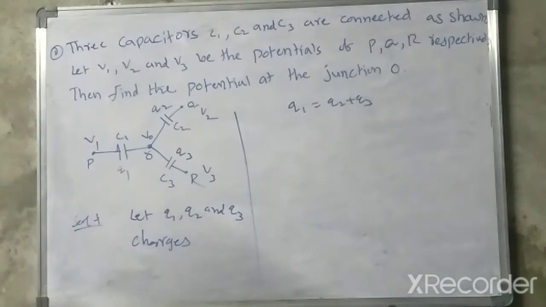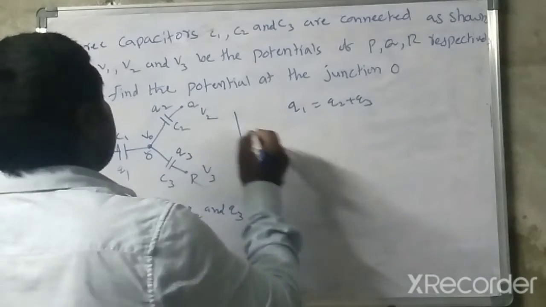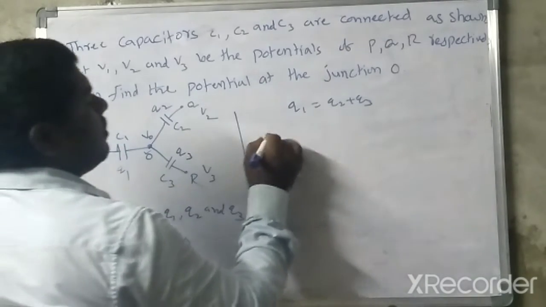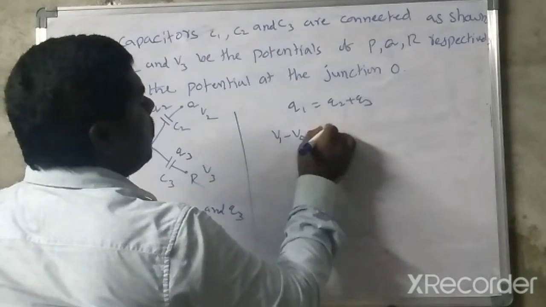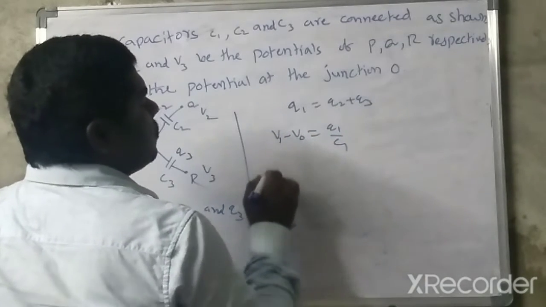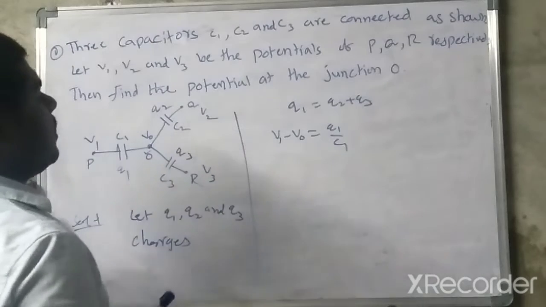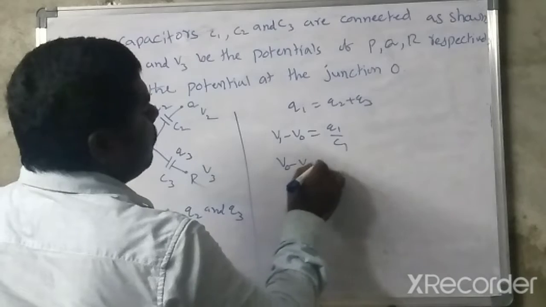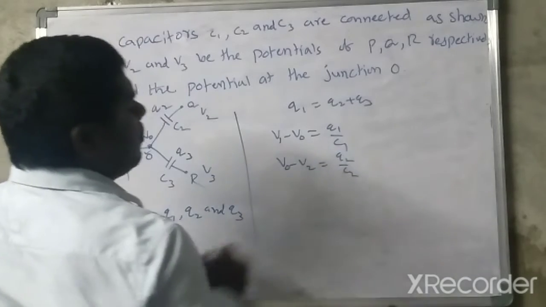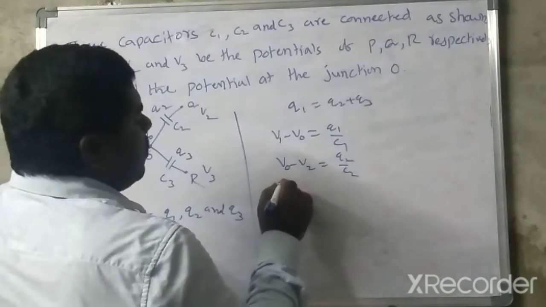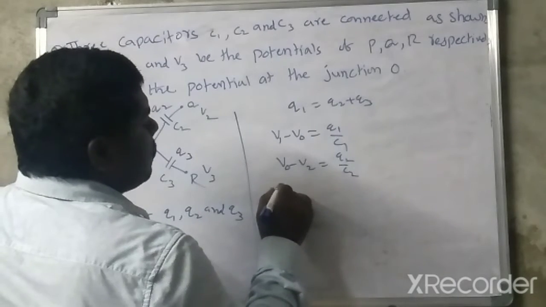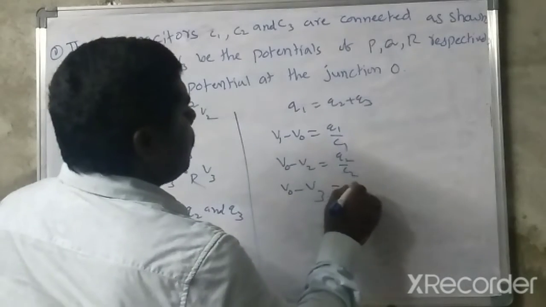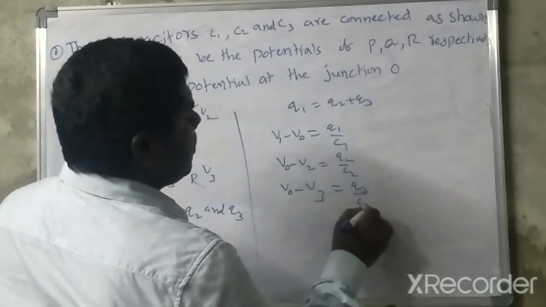Q1 by C1 is equal to the potential drop, so V1 minus V0 is equal to Q1 by C1. V0 minus V2 is equal to Q2 by C2, and similarly V0 minus V3 is equal to Q3 by C3.